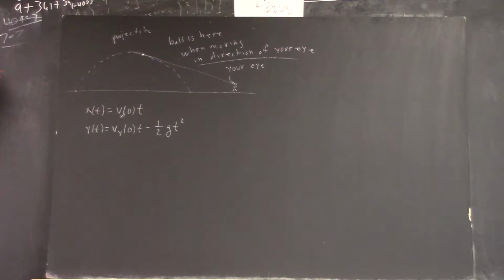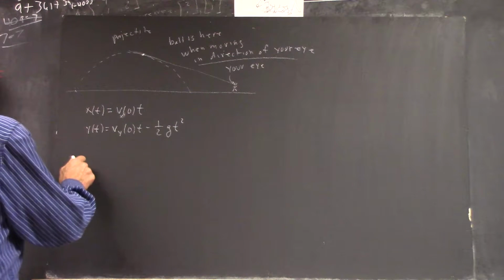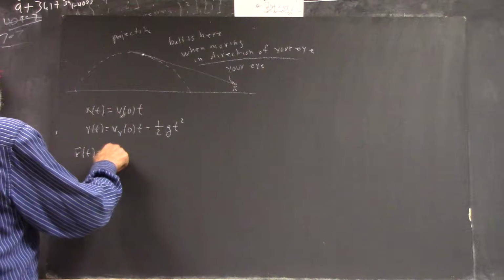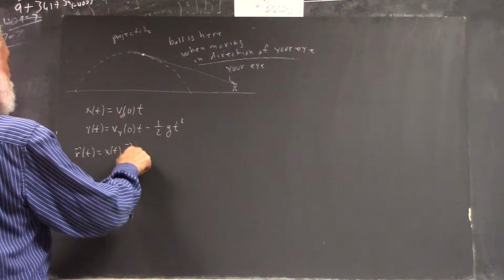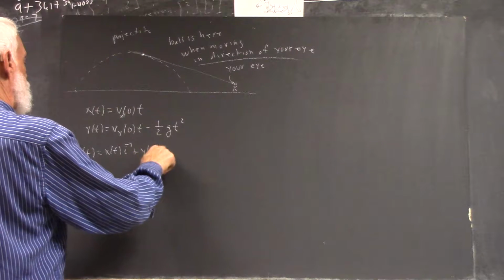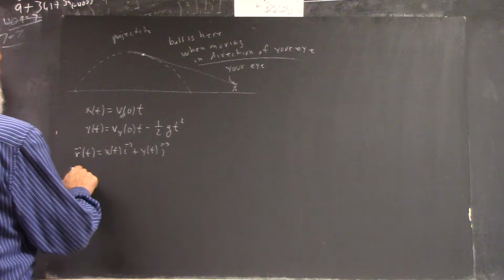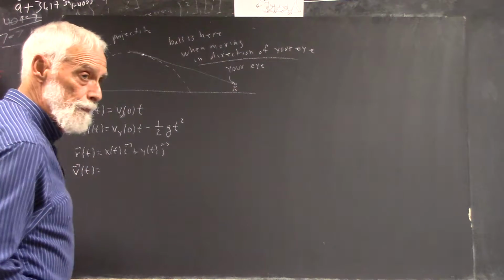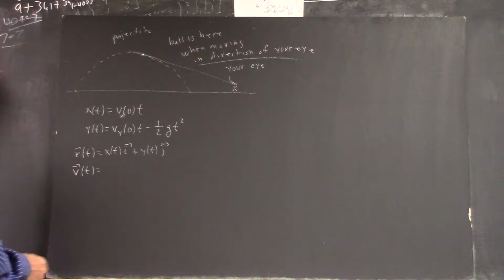Now, there are two ways we can do this. There's your R of t, V of t.